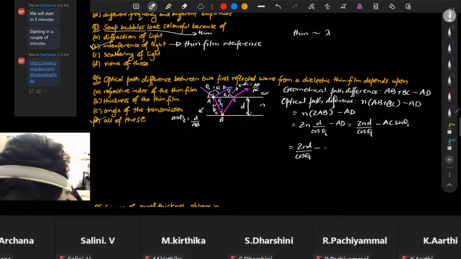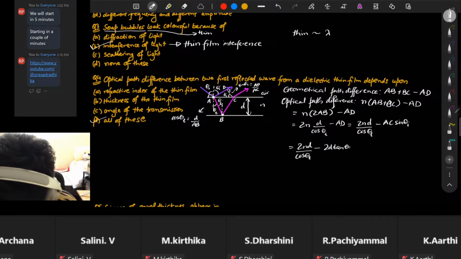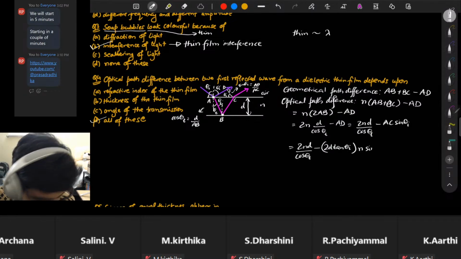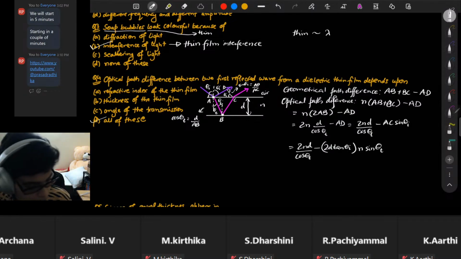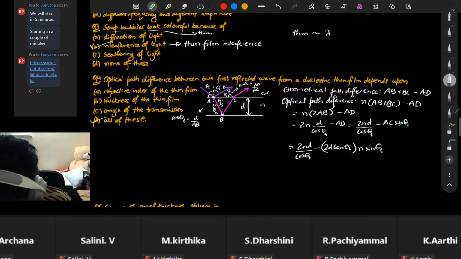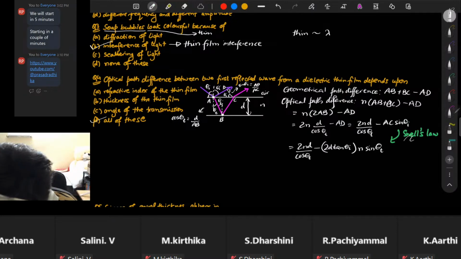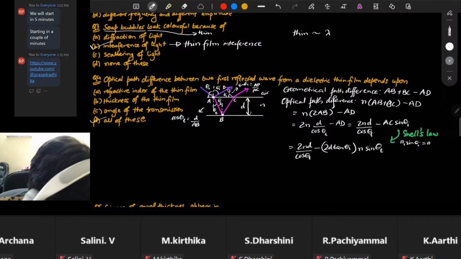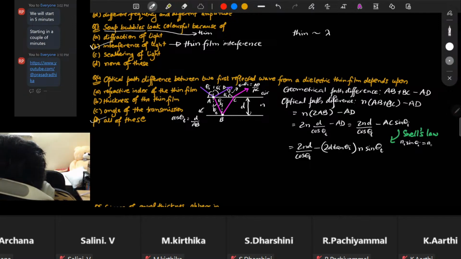AC is nothing but 2D tan theta T. And sin theta I from Snell's law is N sin theta T. Snell's law states that Ni sin theta I equals NT sin theta T. Now we have taken the incident medium as air.